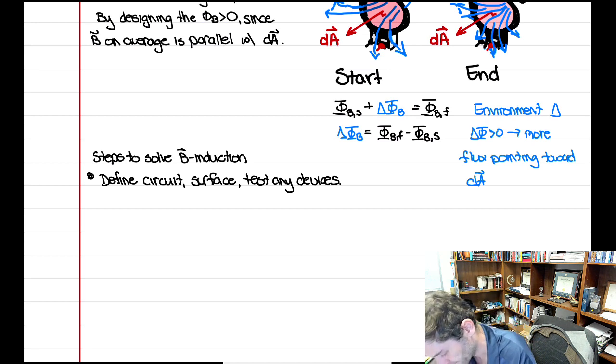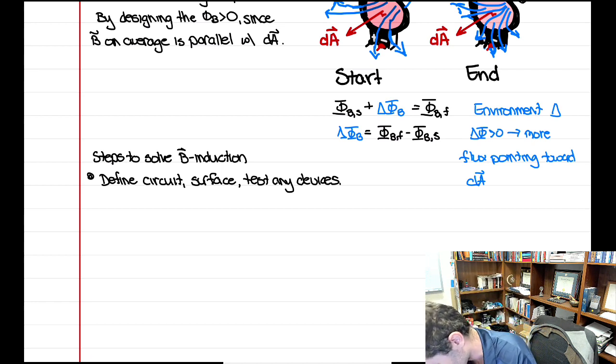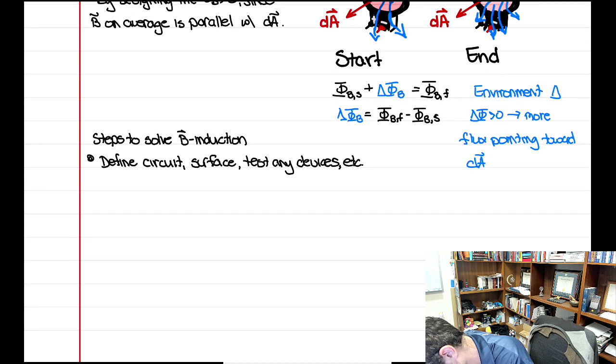I think that's it. Define the circuit, the surface, test any devices, etc. So that we could then define, with that surface, our normal vectors dA.